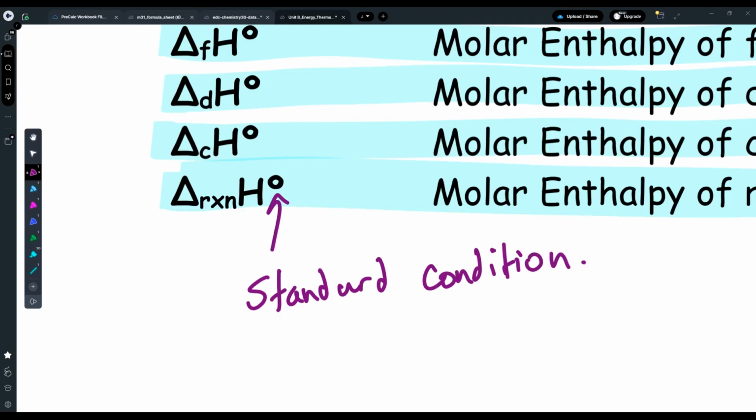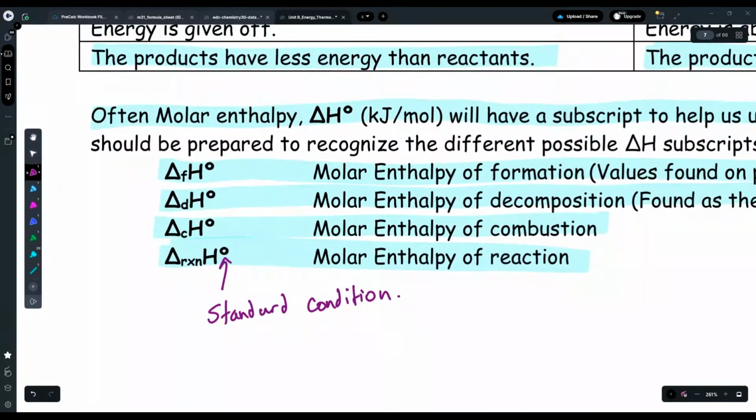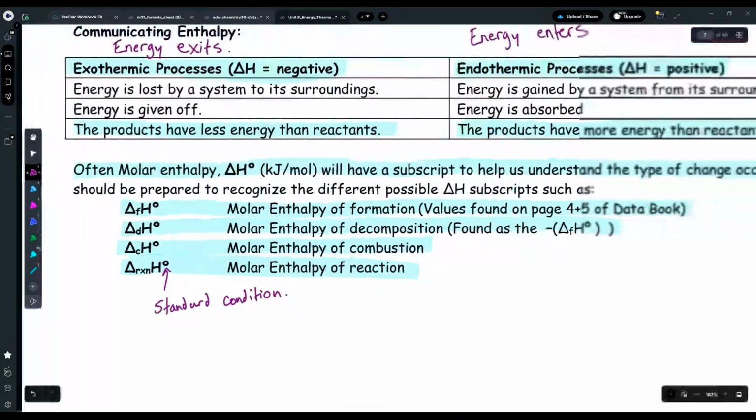Do you need to know that? The pressure, not really. And temperature is usually given to you in the question, so I wouldn't worry about that too much.